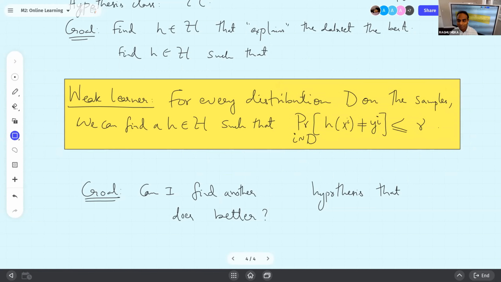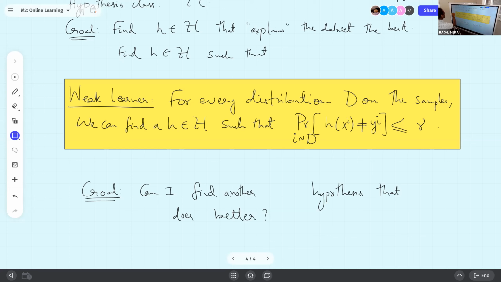Does it make sense? It's not as if all my weak learners are good on some small fraction of the data set and they're not learning anything about some other fraction of the data set. I always have the ability to get some advantage over random guessing on any small segment, or in fact any other distribution on the samples.